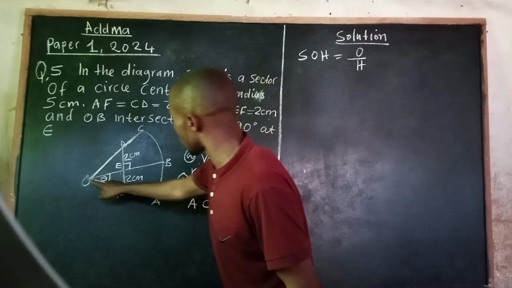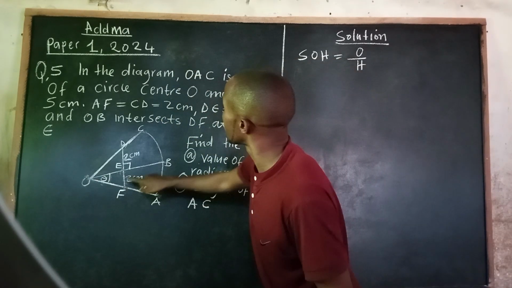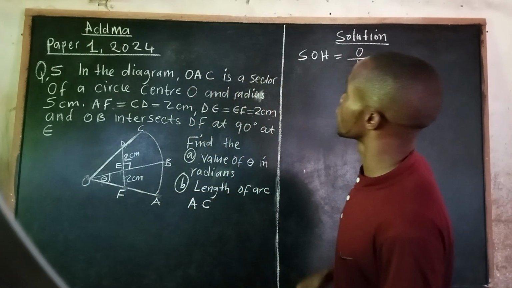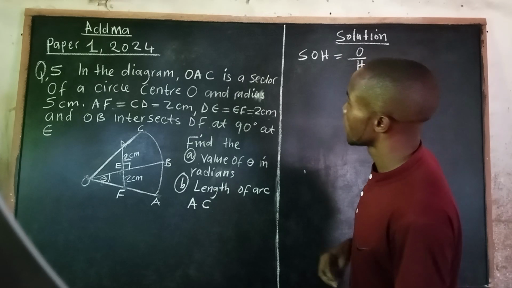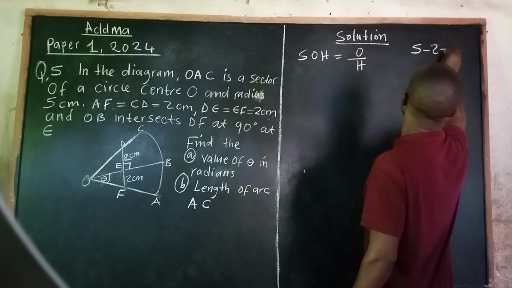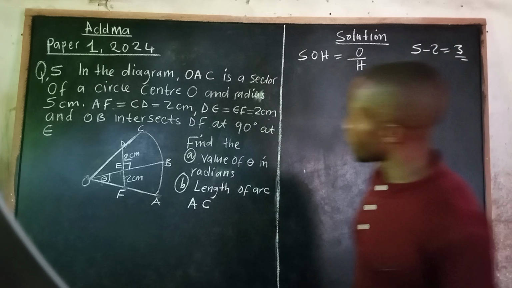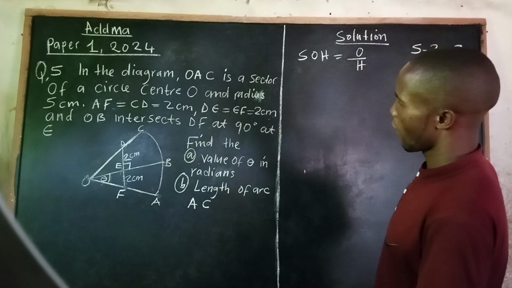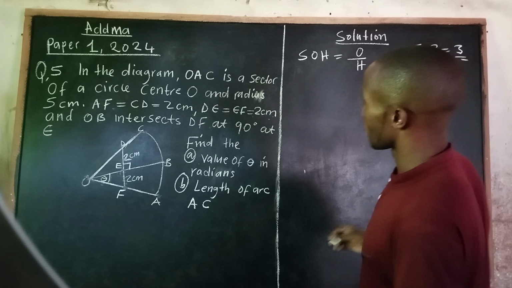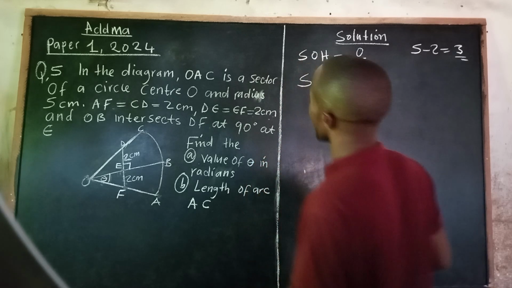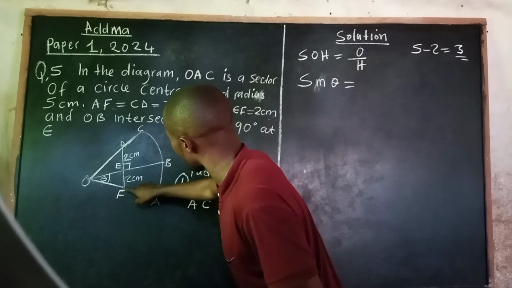If this is 5 centimeters, and AF in the question is 2 centimeters, then for us to know OF, we subtract 5 minus 2, and the answer will be 3. So our hypotenuse is 3. Now we are going to say sine theta is equal to, now what about the opposite? Opposite is 2, from here up to there.